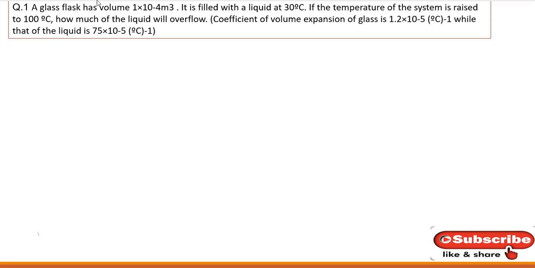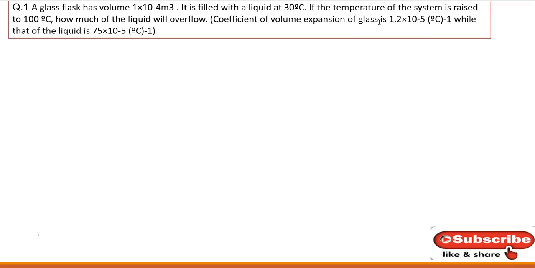This is the question. A glass flask has a volume of 1 × 10^-4 m³, and it is filled with the liquid at 30 degrees Celsius. If the temperature of the liquid is 30 degrees Celsius, the glass flask will also be at 30 degrees Celsius.